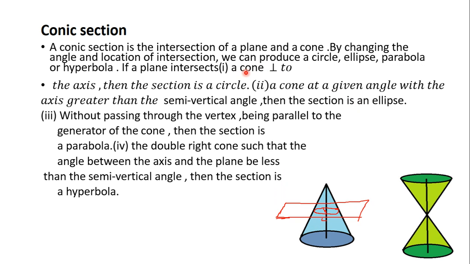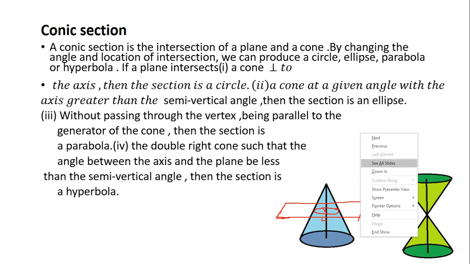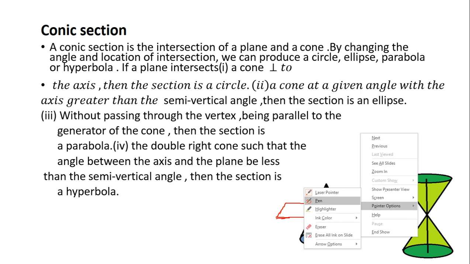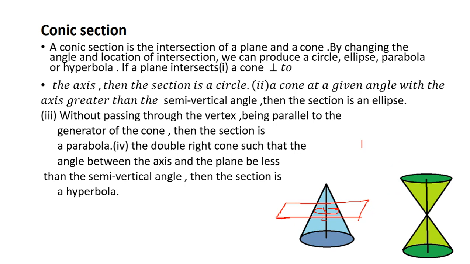Similarly, if a plane intersects a cone, is not passing through the vertex, and is parallel to the generator of the cone, here this line is called the generator of the cone, because if we draw one axis and then rotate this line around this axis, the cone is formed.